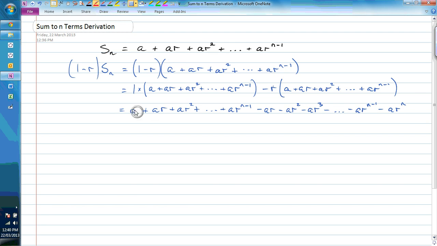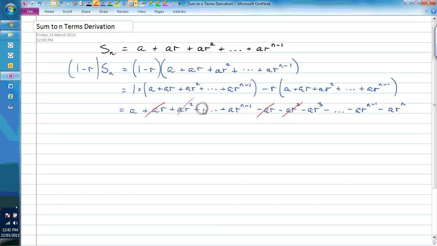And if you have a look at this whole long expansion here, we'll notice something really nice. There's an ar here, and there's a negative ar over here. So those two are going to cancel each other out. Similarly, we've got an ar squared here. It's going to cancel with this negative ar squared. And that's going to continue.